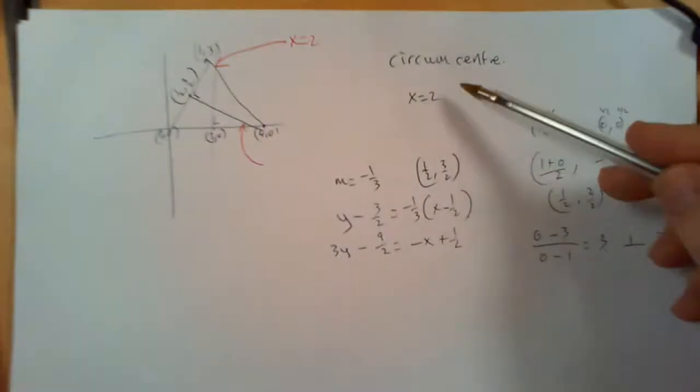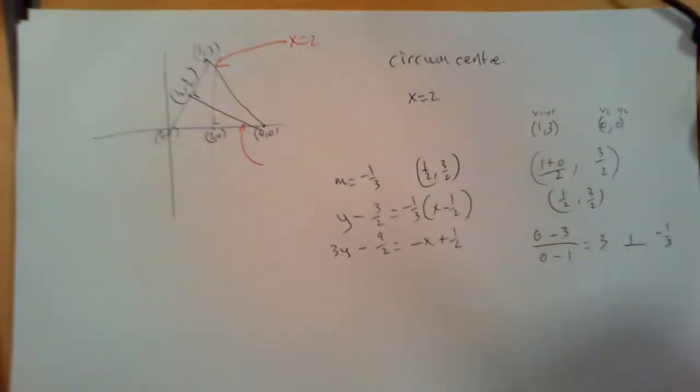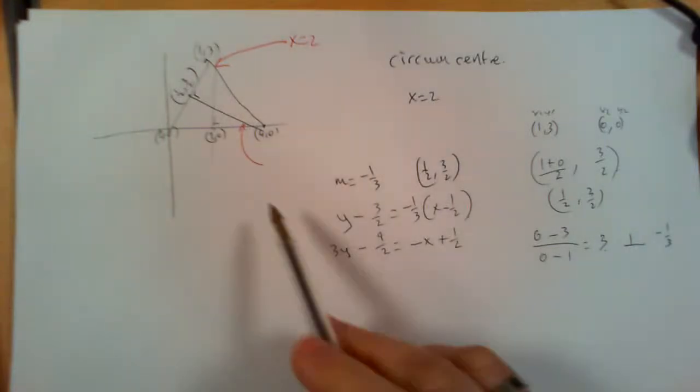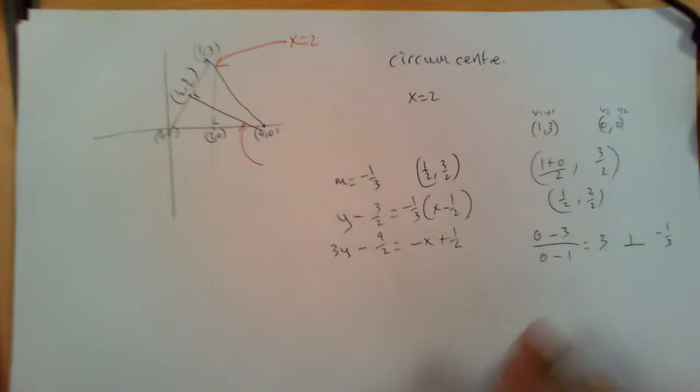If this was a normal equation, we'd make the two of them simultaneous, and I would have multiplied by 2 to get rid of the fractions. But because we've already defined x equals 2, I'm just going to substitute that in, which saves me doing the simultaneous.